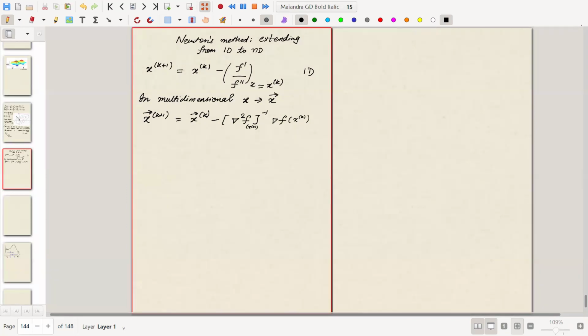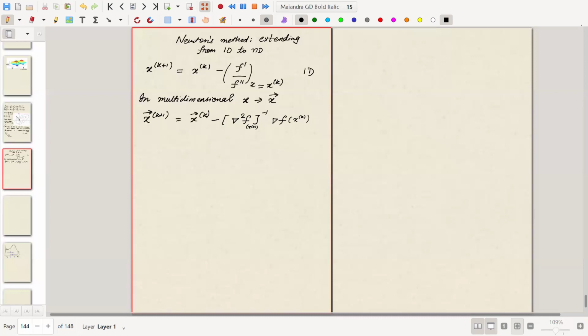So now, similar to 1D, Newton's method is heavily dependent on initial conditions, isn't it? We saw fractals. We saw how complicated it is with respect to initial conditions. A small change in initial condition can lead to a different output. So Newton's method in 1D depends on the initial conditions, and similarly for higher dimensions it's also true.